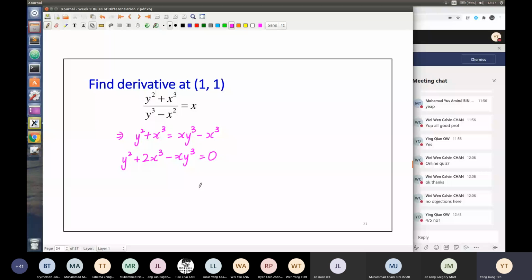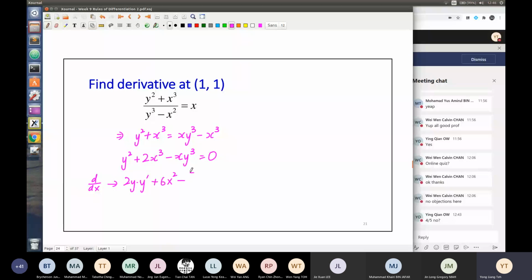Then you have your d/dx, so differentiate with respect to x. Hence you're going to get 2y, oh, forgot my y prime. So implicit differentiation, 2y y prime plus 6x squared. Then for this term you need your product rule.